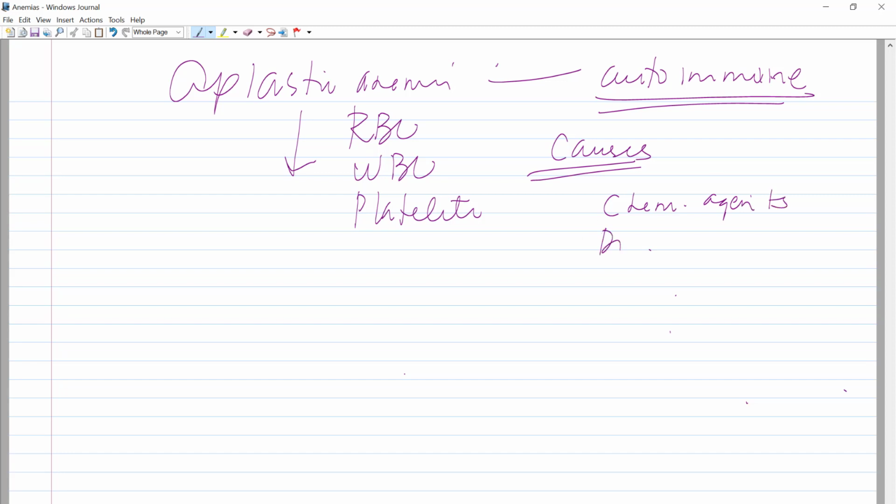could be drugs. I'll put the drugs here, like NSAIDs, antimicrobials, the antibiotics that you've learned in pharm, anti-seizure meds.